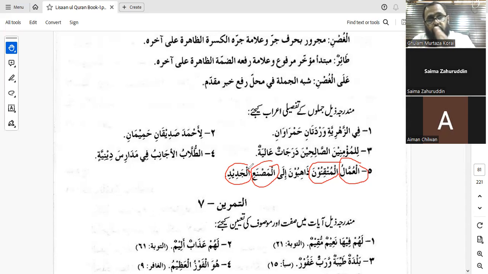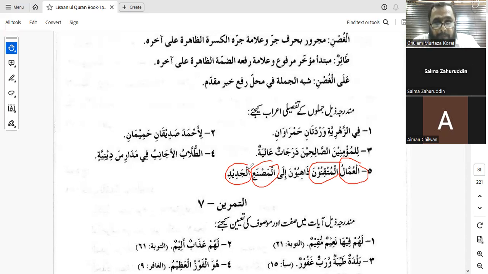Likewise, if there is al ismul mawsul, if we use it alone, it does not convey its meaning. There should be silatul mawsul. How can we understand that ismul mawsul conveys its complete meaning when it is used with its silatul mawsul? So al ismul mawsul with silatul mawsul becomes na'at for the preceding noun, that is al man'ut.